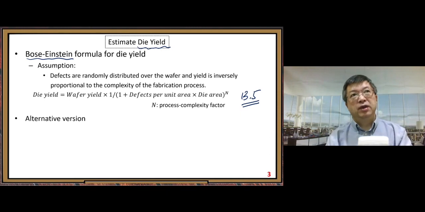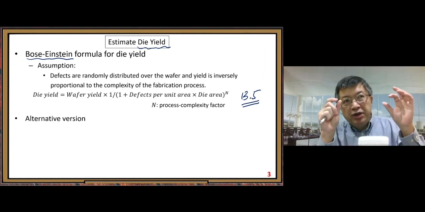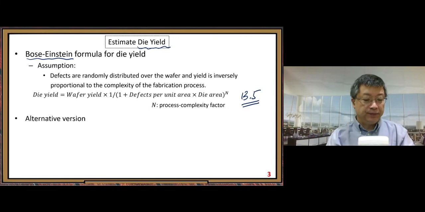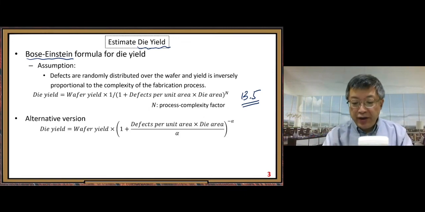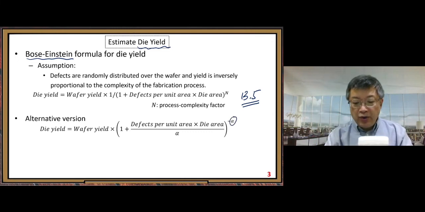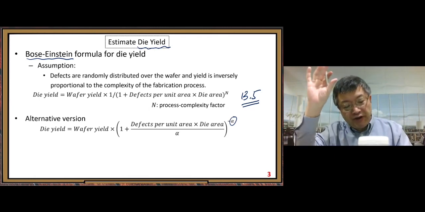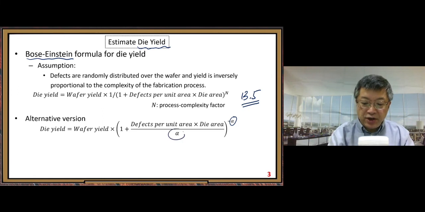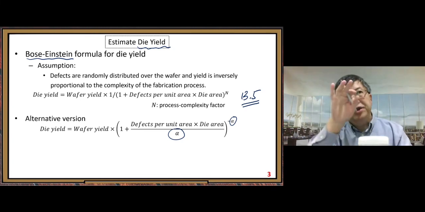Alternative version. Using the same model, but if you make some slightly different adjustment, you get a different version. This time we use another parameter, alpha, raised to the negative exponent alpha, with a denominator: defects per unit area times die area divided by this alpha.